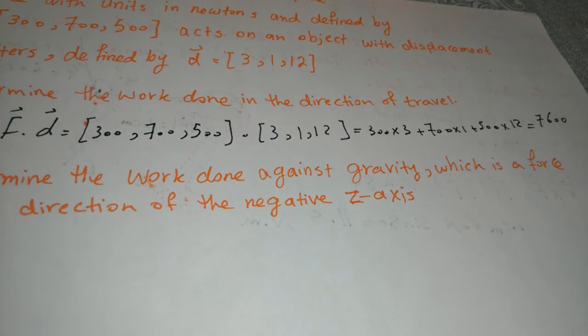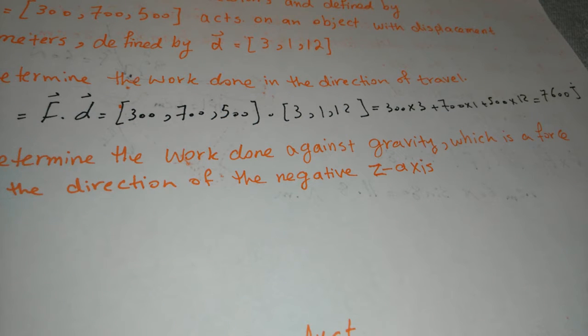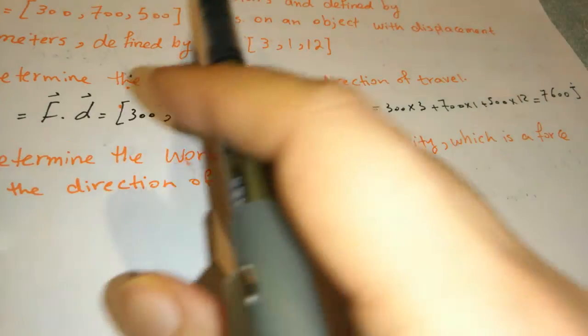Now this is going to be joule. Now determine the work done against gravity. So this is the total work done, right? Determine the work done against gravity, which is a force in the direction of the negative z-axis. As you see, the only force done against the gravity is in the z direction, and it's 500.